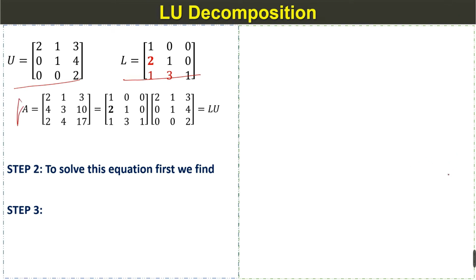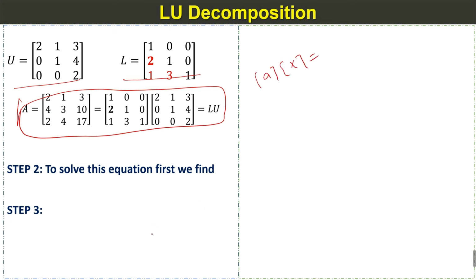The coefficient matrix is now decomposed into the product of the lower triangular matrix and the upper triangular matrix. So we rewrite the equation.